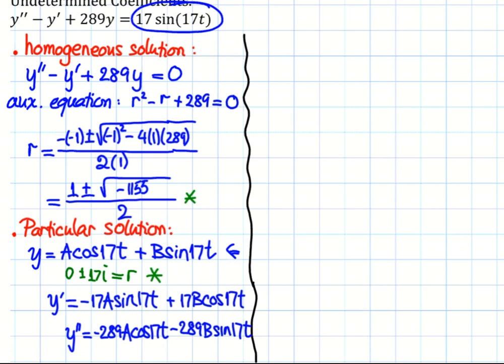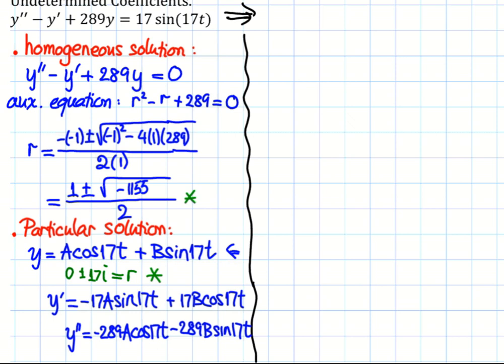Then we substitute into the original equation, I mean the whole equation, not just the particular term.